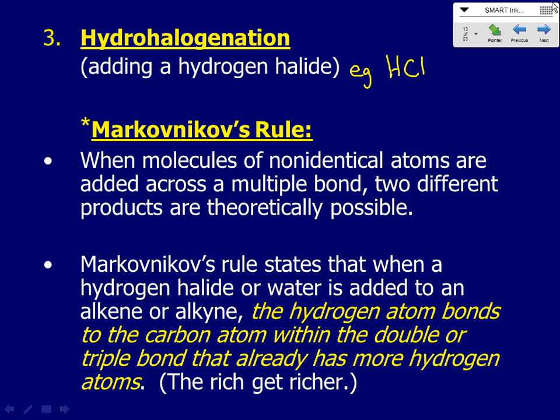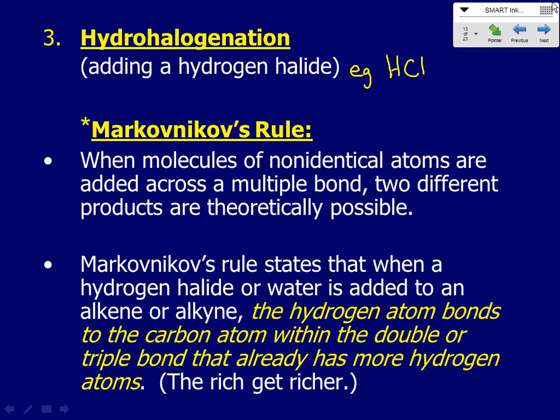The carbon with the most hydrogens gets the hydrogen. The reason for it has to do with electronegativities and the access of the halogen, which tends to be highly electronegative, to electrons on the carbon that has fewer hydrogens, and so on.